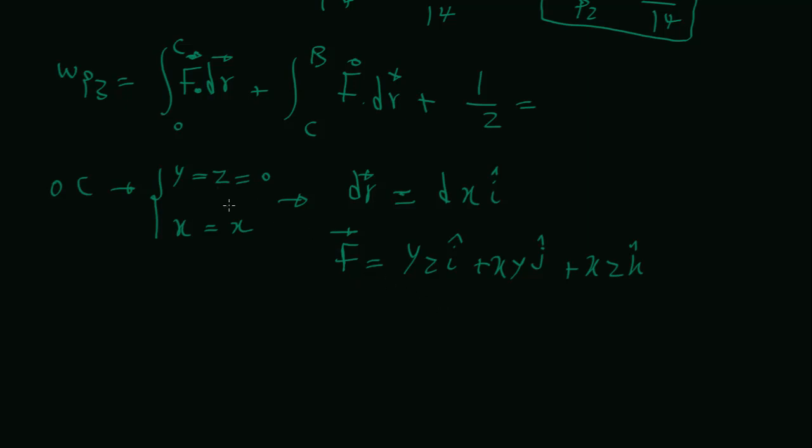Here y is equal to 0, z is also equal to 0, so the force is the 0 vector. Therefore that work is equal to 0. So F dot dr on O to C is equal to 0.